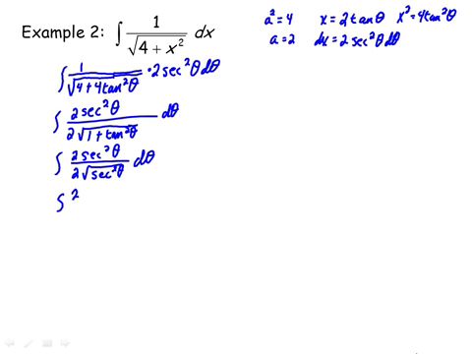Reduce, and you can cancel those 2's out anytime you want to. So the 2's are going to go away, and then one of the secant squared thetas will cancel out. So we have the integral of secant theta d theta.